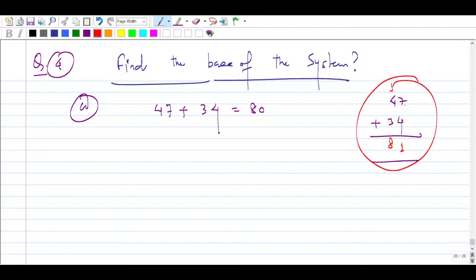So in case of the decimal number system, if they are given in decimal, you add this and you will get 81 as the answer. But here you can see 47 plus 34 is equal to 80, so you can't say that the base is 10 in this case, right? The base is different here, so how can we find the base? That is the question.